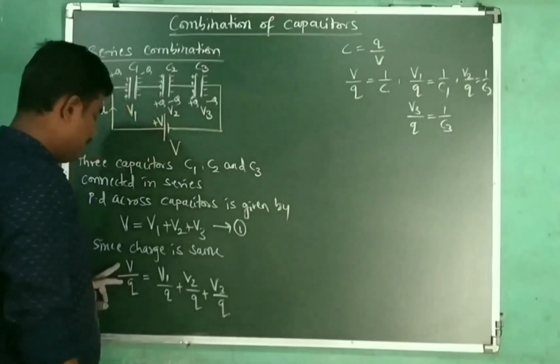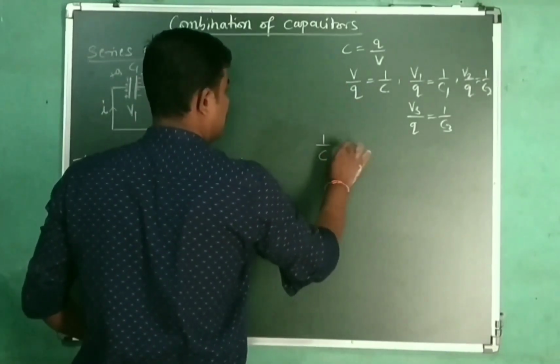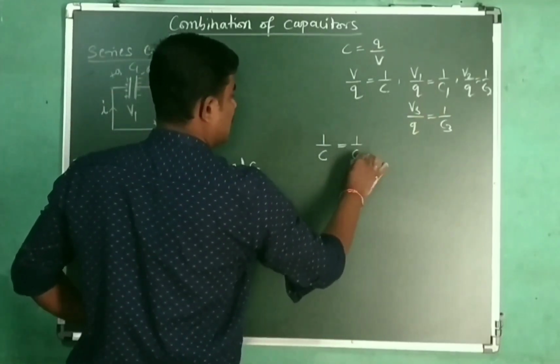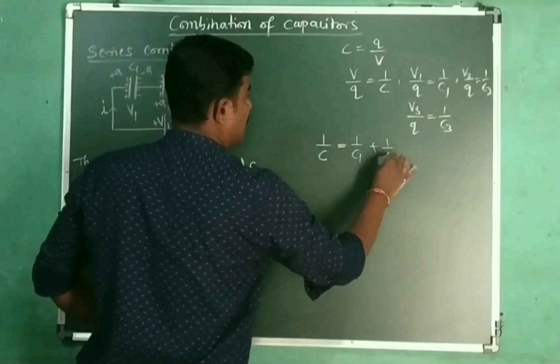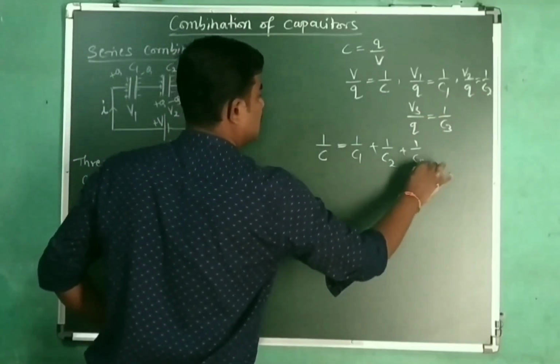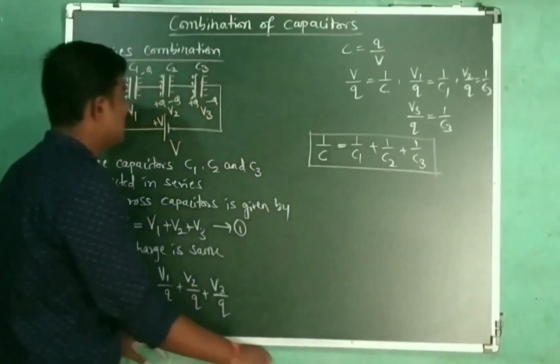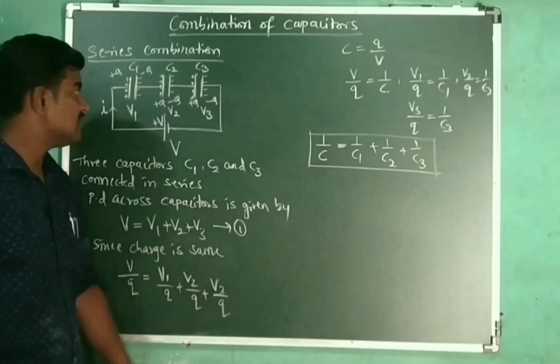It means V by q I can write as 1 by C, V1 by q as 1 by C1, V2 by q as 1 by C2, and 1 by C3. This is the formula for capacitance of capacitors connected in series.